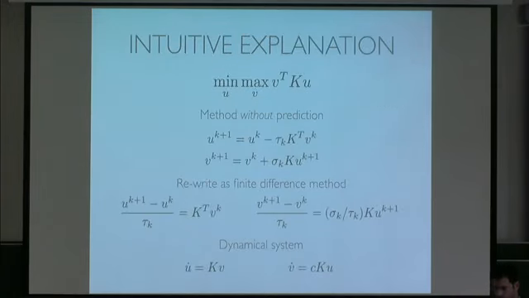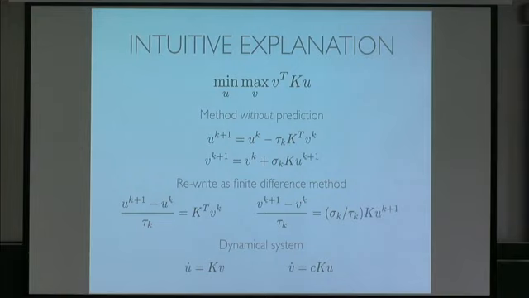So to start with, one of the things that we were looking for in our recent work was an intuitive explanation for why the predictor step in these sorts of Chambolle-Pock algorithms is effective. Now there's a lot of work that does algebraic derivations that use that prediction step to get better convergence rates, but maybe there's some intuitive reason that we can put behind it.